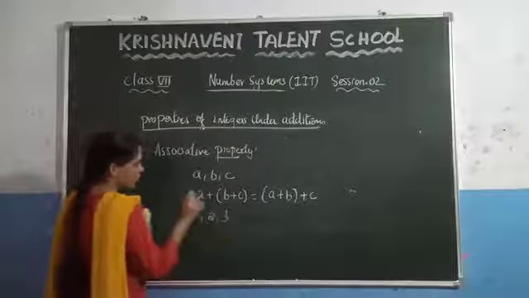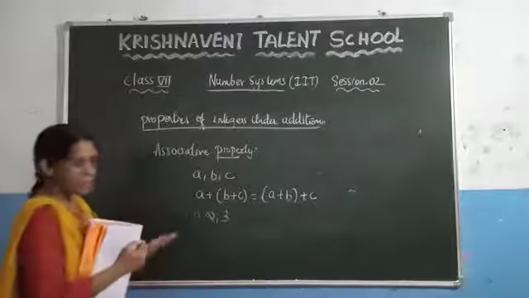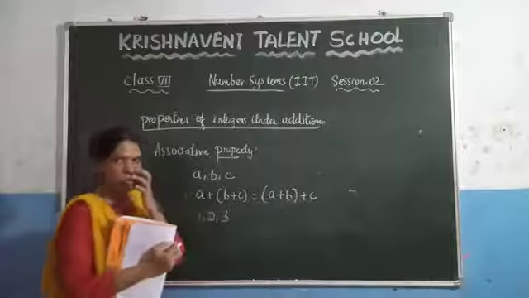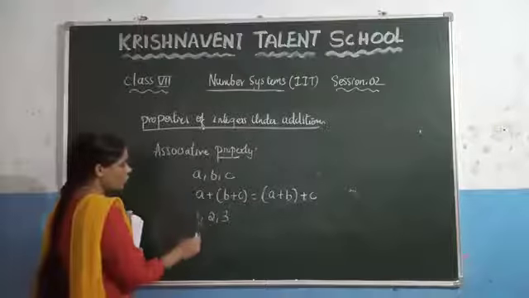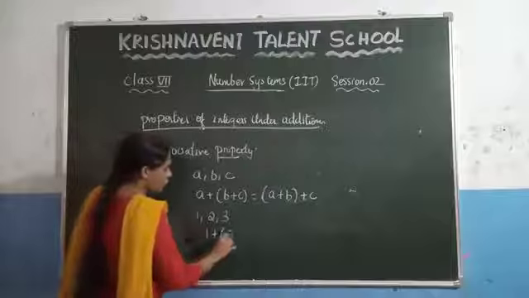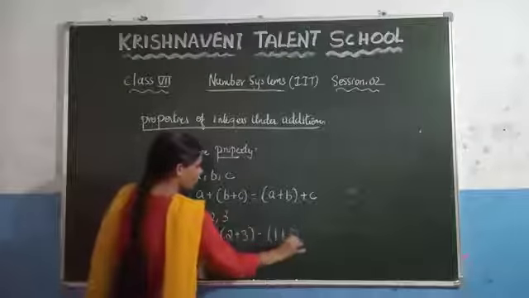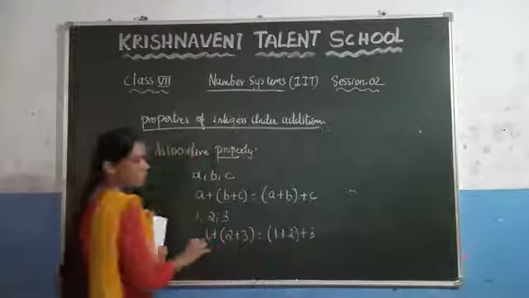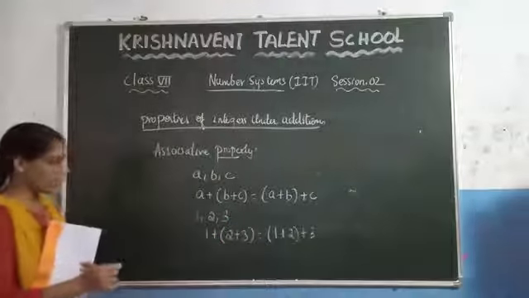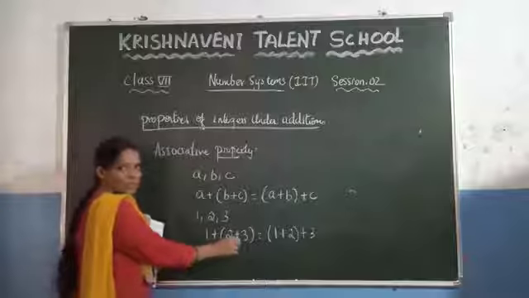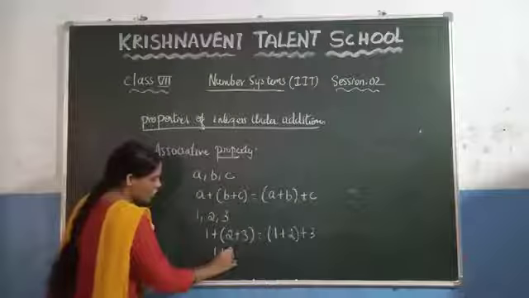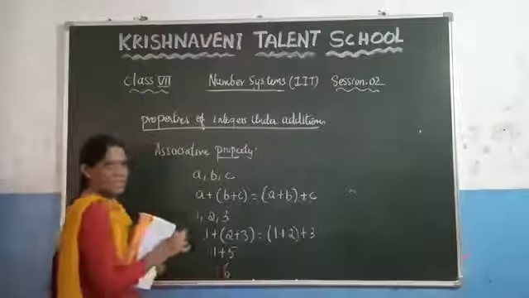Let us consider few examples here. Take 1, 2 and 3. Now check whether this condition holds good or not. We need to check 1 plus (2 plus 3) is equal to (1 plus 2) plus 3, whether it is true or false. What is the value of 2 plus 3, which is 5. So what is the value of 1 plus 5, which is 6.